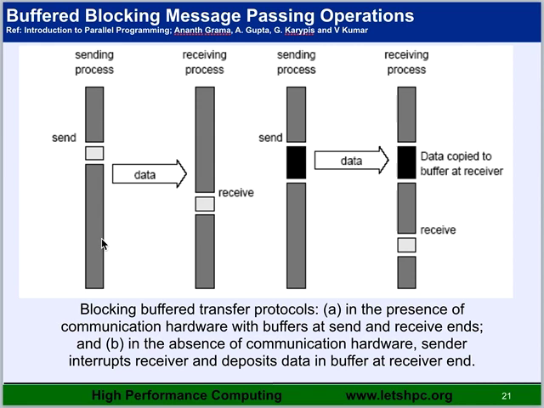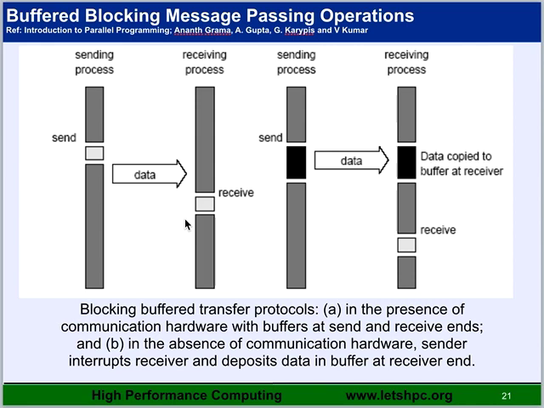By doing that, it makes sure that the data reaches safely to the receiving process. Now when the receiving process is supposed to receive the data, it simply gets the data from the buffer, and then it resumes its activity. So you can say this is the blocking buffered transfer protocol in the presence of communication hardware at both the send as well as receive ends.